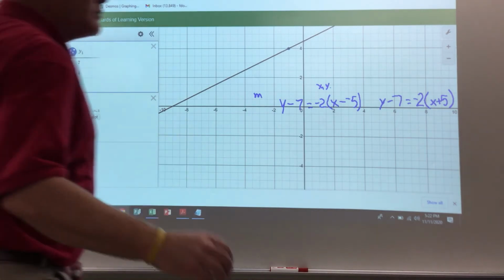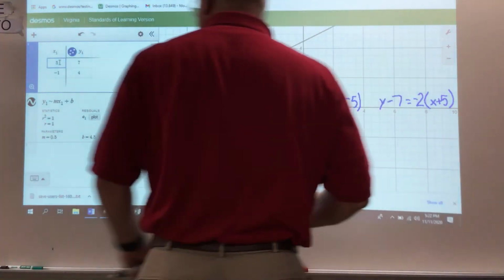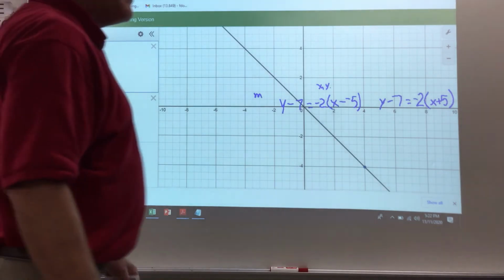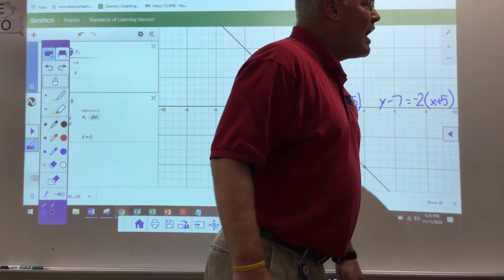So the first point is what? The first point is 4, negative 4. And my second point is, you guys can help me, let me look at my notes over here. Second point is 5, 2.